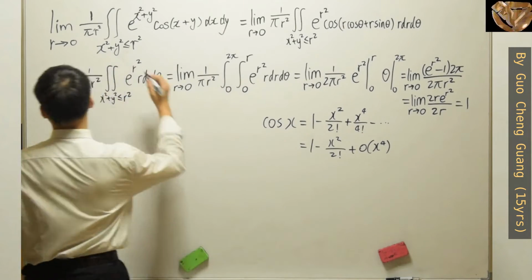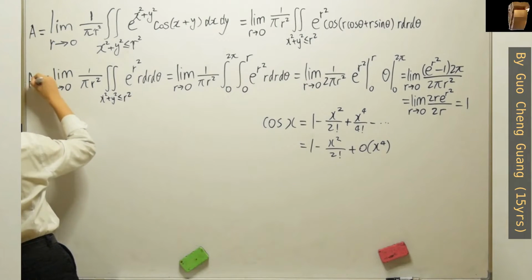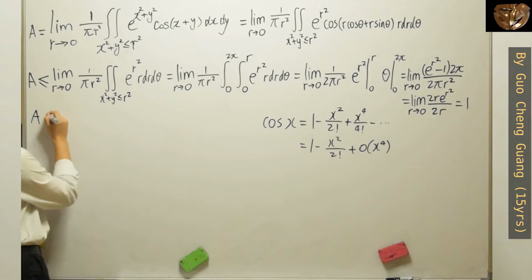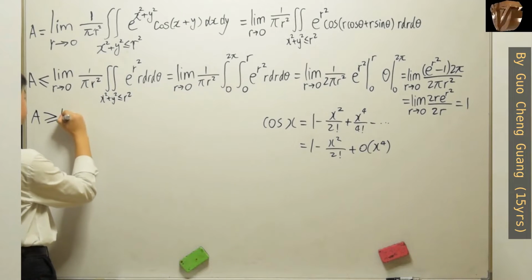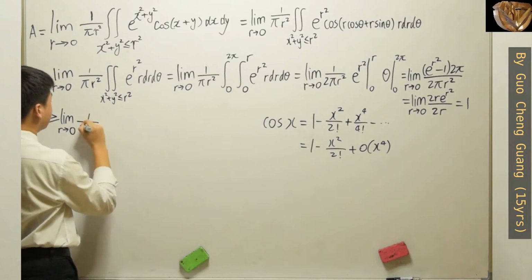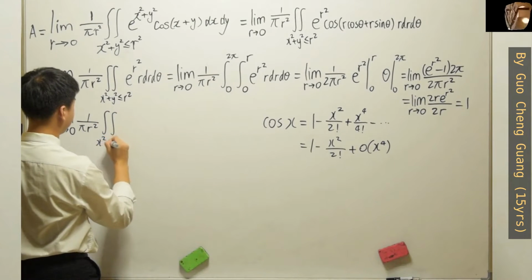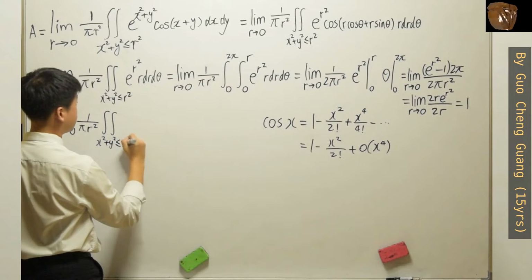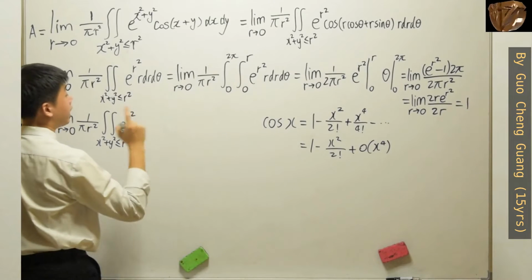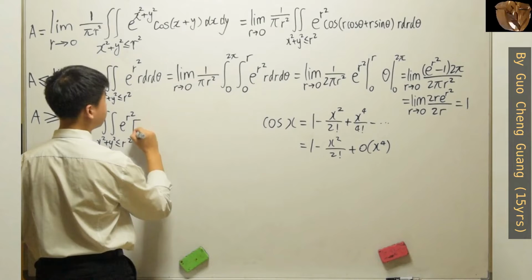So let's say your original integration is called a. So you have a smaller than or equals to whatever you have, and a bigger or equals to the limit as r approaches 0, 1 over pi r square, double integration over your boundary on the circle that you have, and then e to the power of r squared, and this is where we use what we just had.